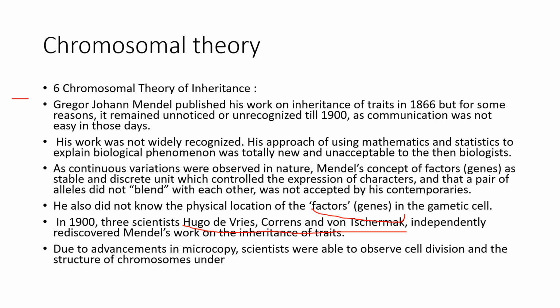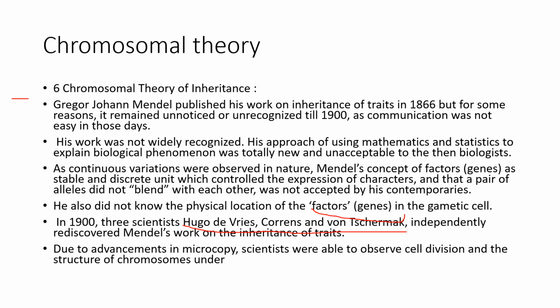Next part, the nucleus of the gametes contains the chromosomes, which carry all the hereditary characters. Chromosomes are found in pairs in somatic or diploid cells. They are present where? In the somatic or the diploid cell.